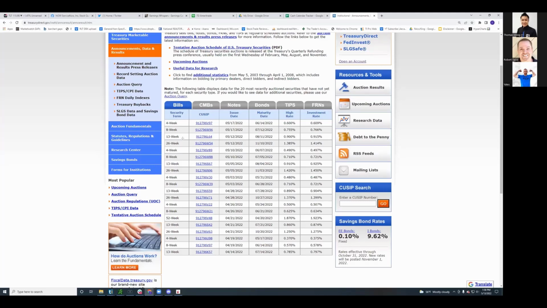So for that 13-week, the high rate was 0.9%, right? So it's 0.9% essentially less than $100. So if it was 10,000, then you would purchase the $10,000 face value bill for, see, 1% of 10,000 is what, $100.